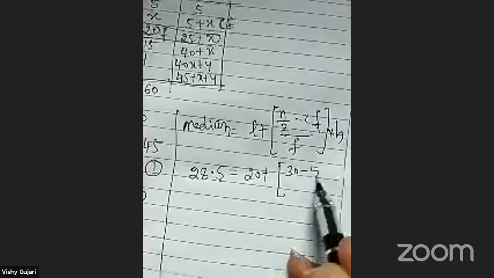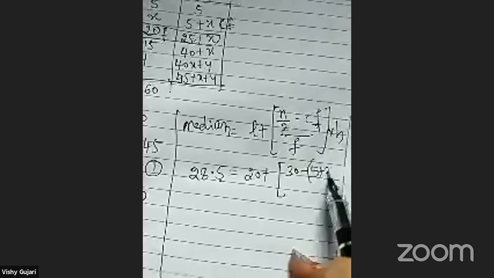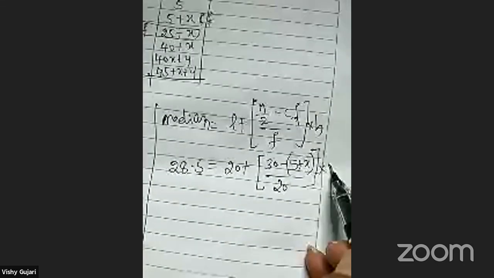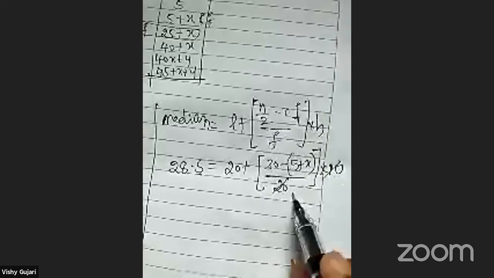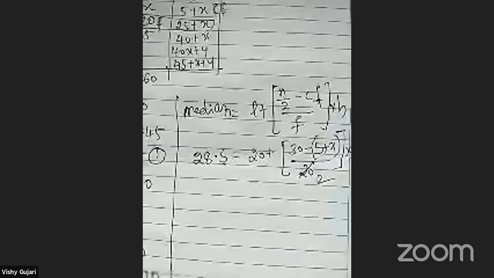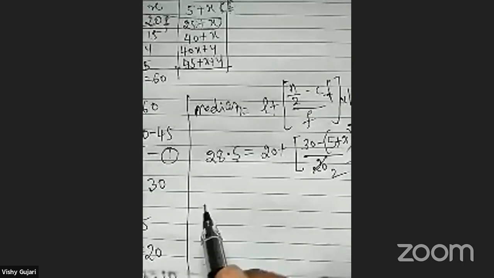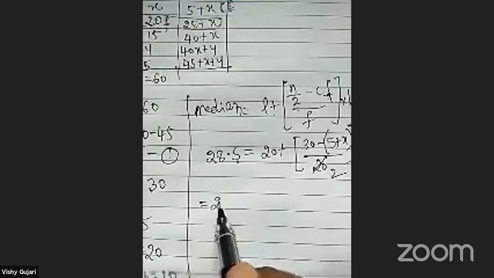CF means 5 plus x, divided by F means 20, into H 10. Ones are 10, twos get cancelled. That is equal to 28.5.